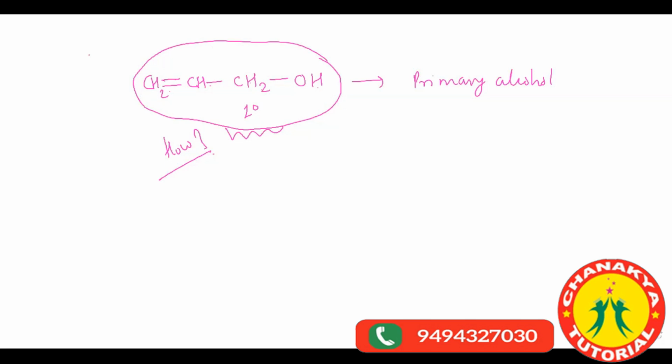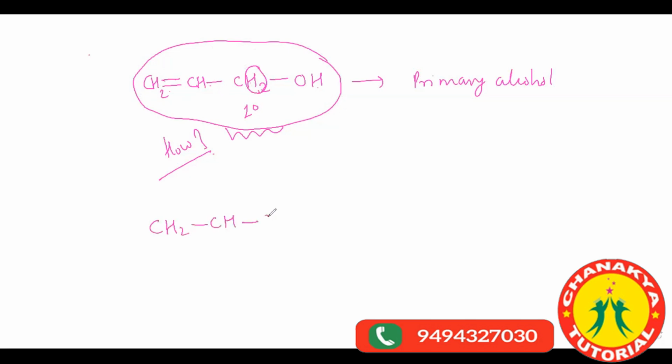In this case, see, we can just replace one of the hydrogens with a carbon group. Here how many hydrogens are there? Two. So we can add more carbon groups, like methyl groups, one more carbon instead of hydrogen.